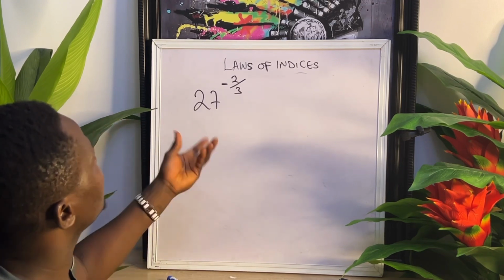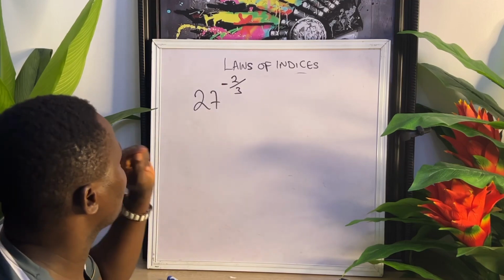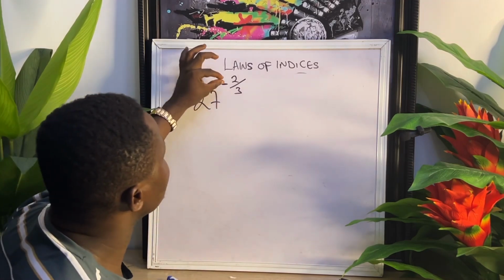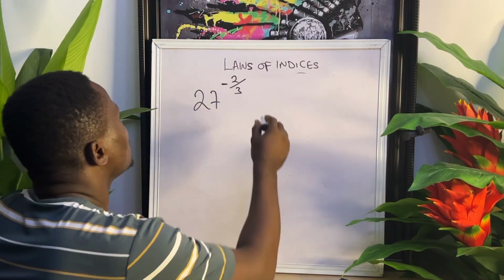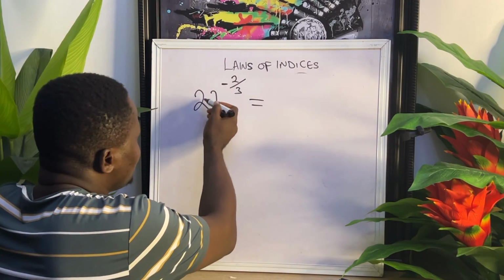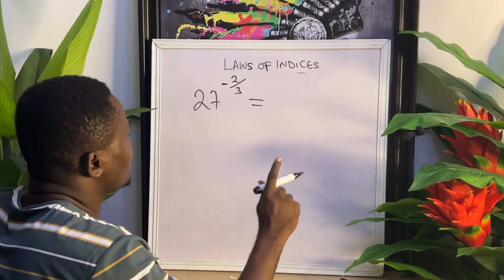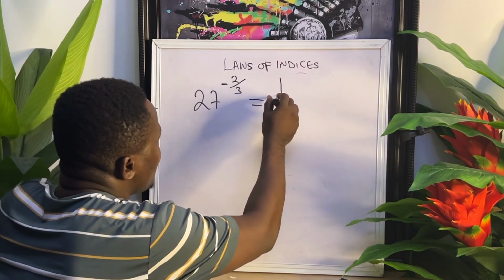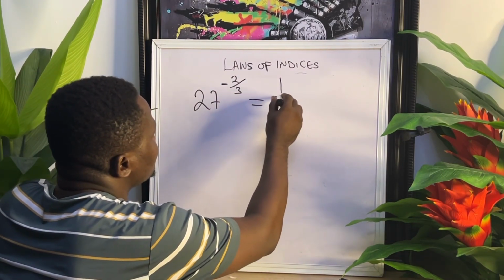Maybe let's apply the negative power first. This negative sign goes to affect this 27, turning it upside down. It then becomes 1 whole over 27.